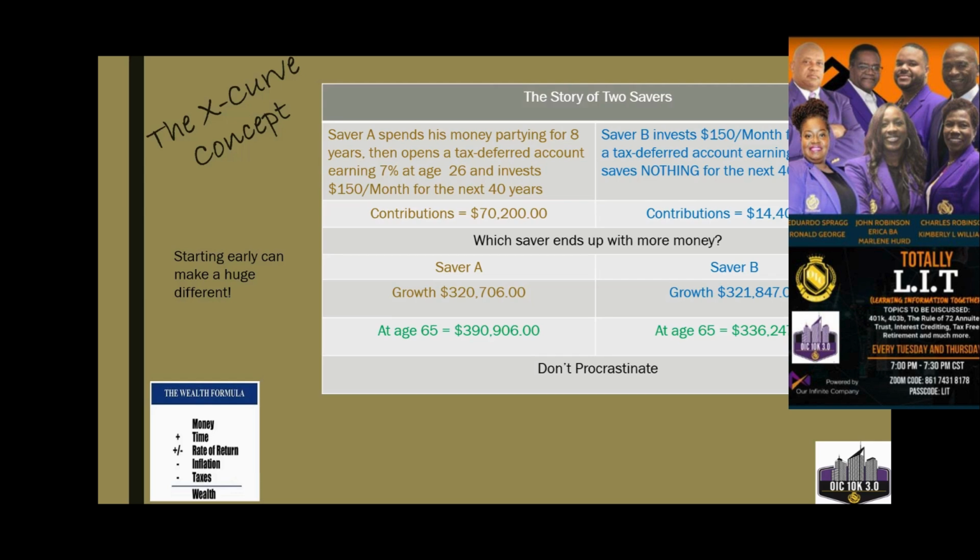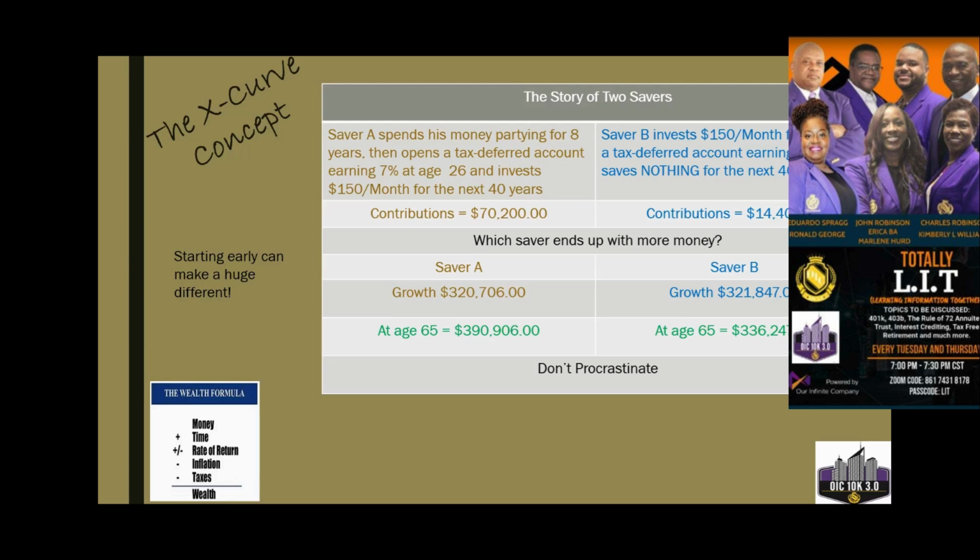And I want you guys to pay close attention to these two saver stories and see which one actually came out better. Now, Saver B had a lot of money kitchen conversations and started to invest at an early age, started to invest the same $150 a month for 8 years in a tax deferred account, earning 7%.